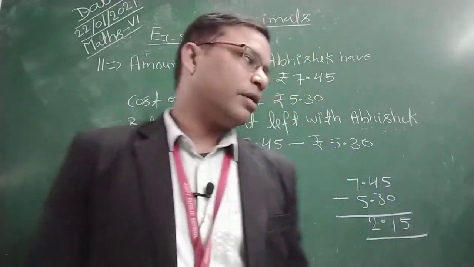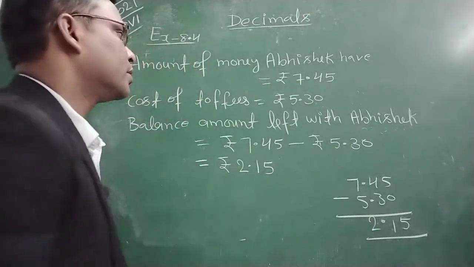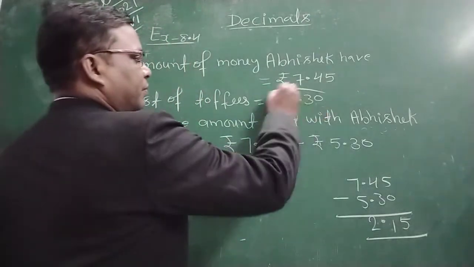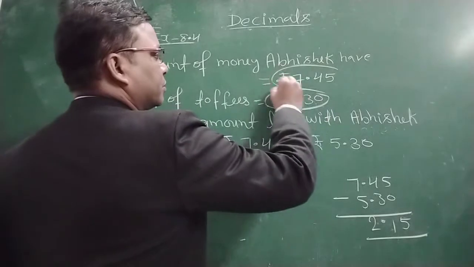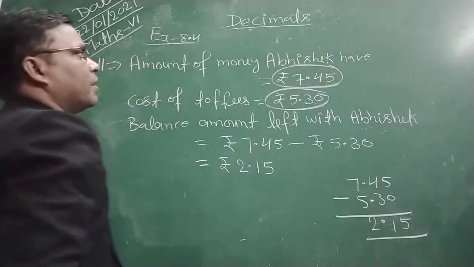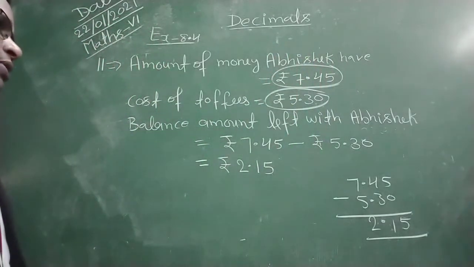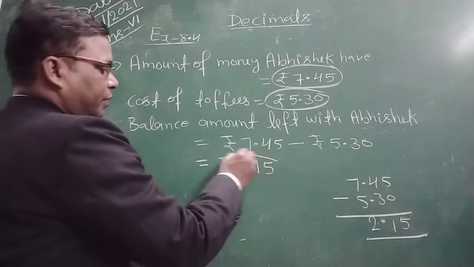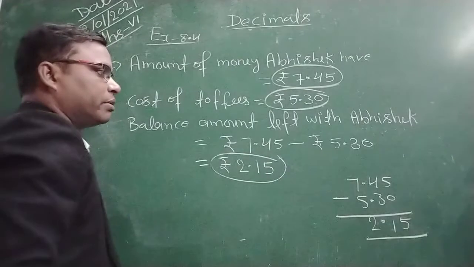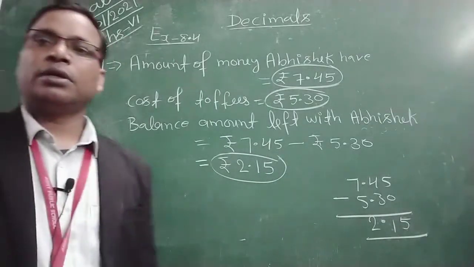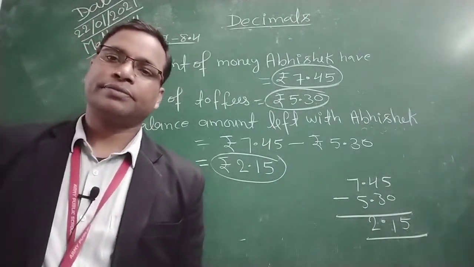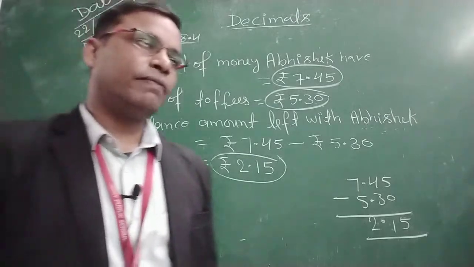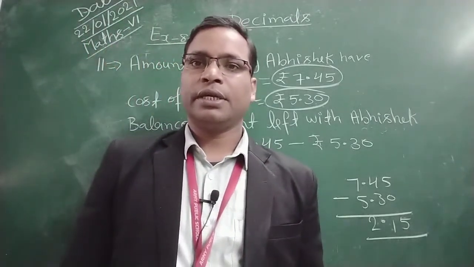So for this we subtract the cost of the toffee from the amount of money Abhishek had. Okay, so in this way you get the balance amount left with Abhishek is 2 rupees 15 paise, or you can say 2.15 rupees. This is clear.